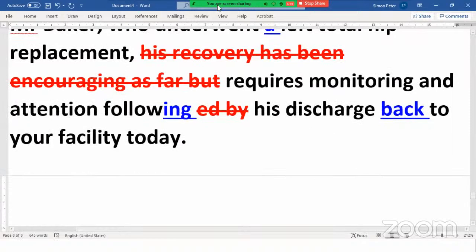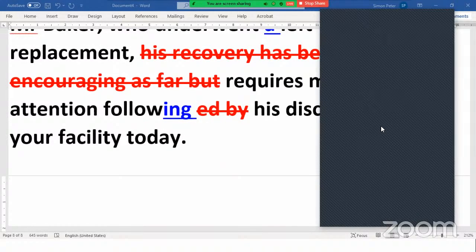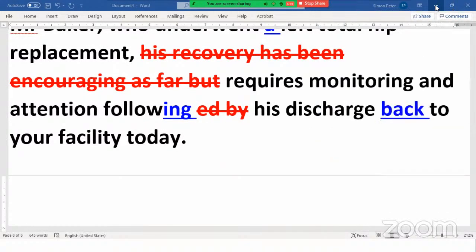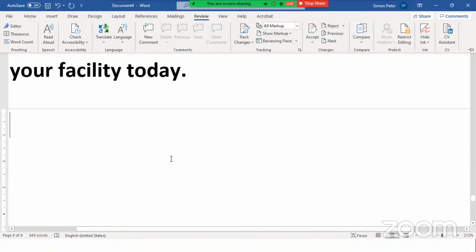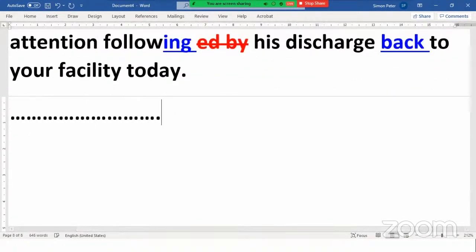So now, coming to the point, we are going to do body paragraph 1, otherwise called BP1. I'll give you the points that you can write now.